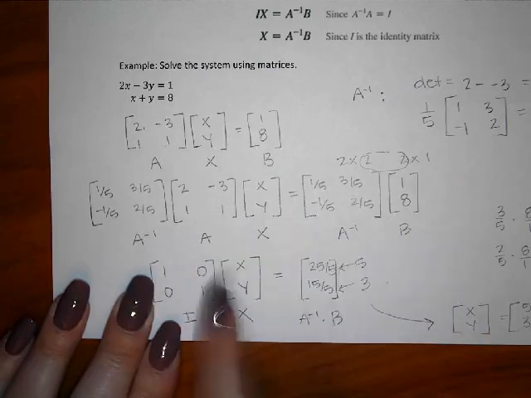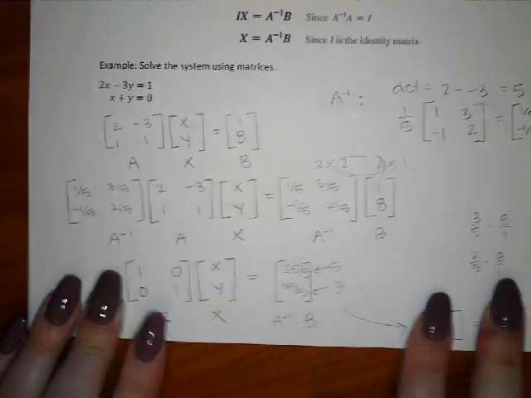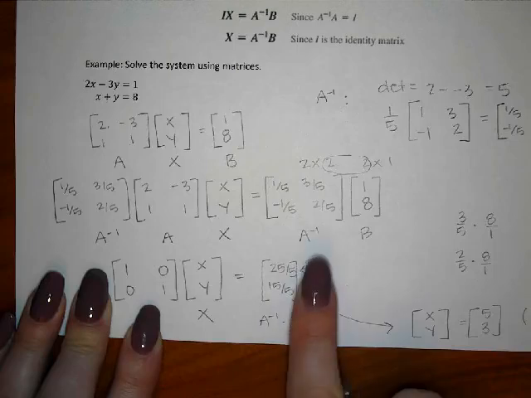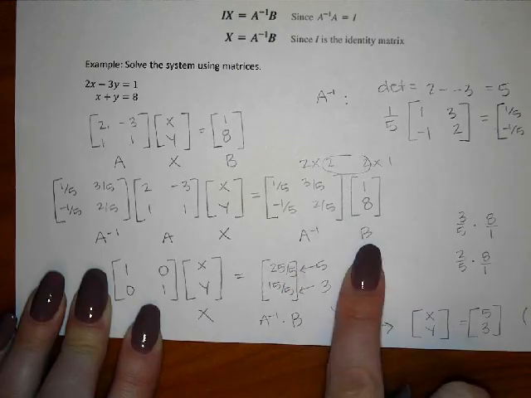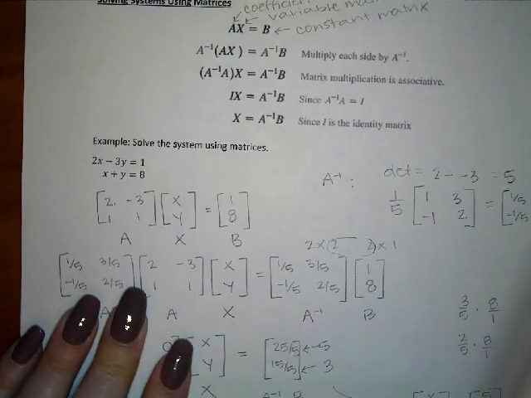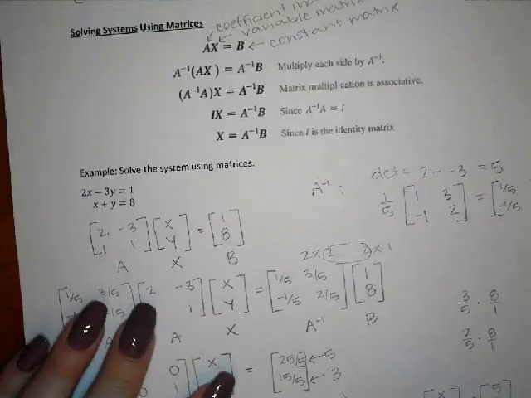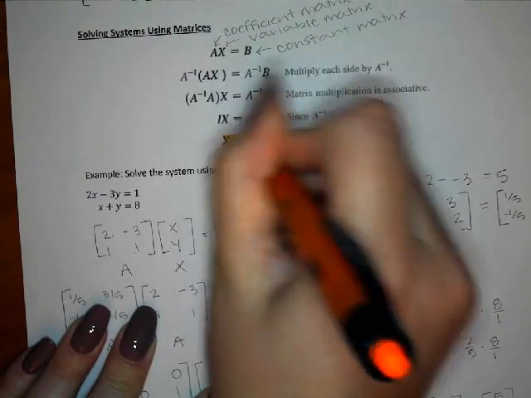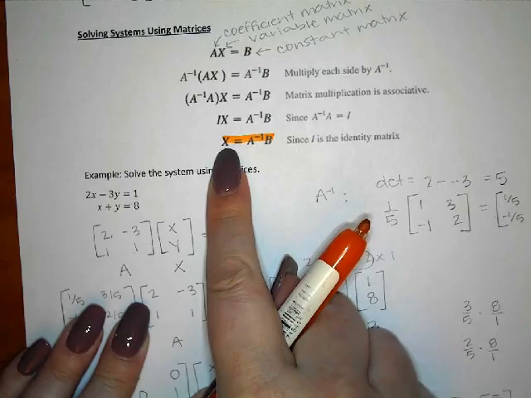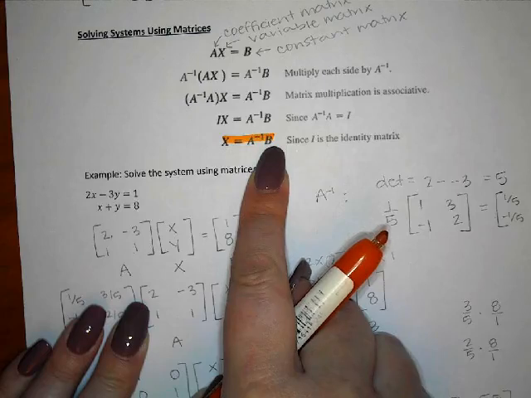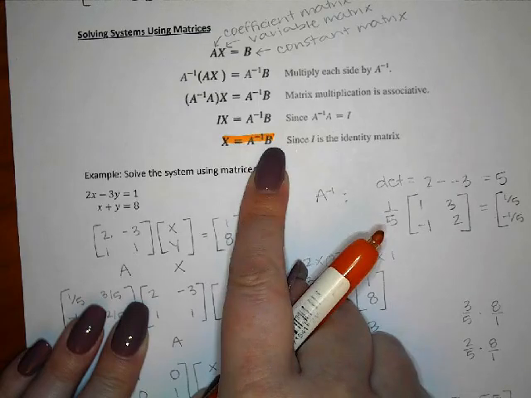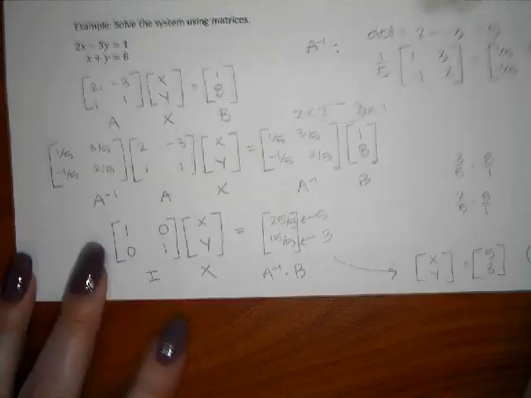But in reality, the most important piece, the piece that gets me to my answer, is that the variable matrix equals the inverse matrix times matrix B. So if we're looking for a formula, the formula to solve a system is the variable matrix equals the inverse of the coefficient matrix times the constant matrix. This is your formula. If we're showing all of our work, this is all of our work.